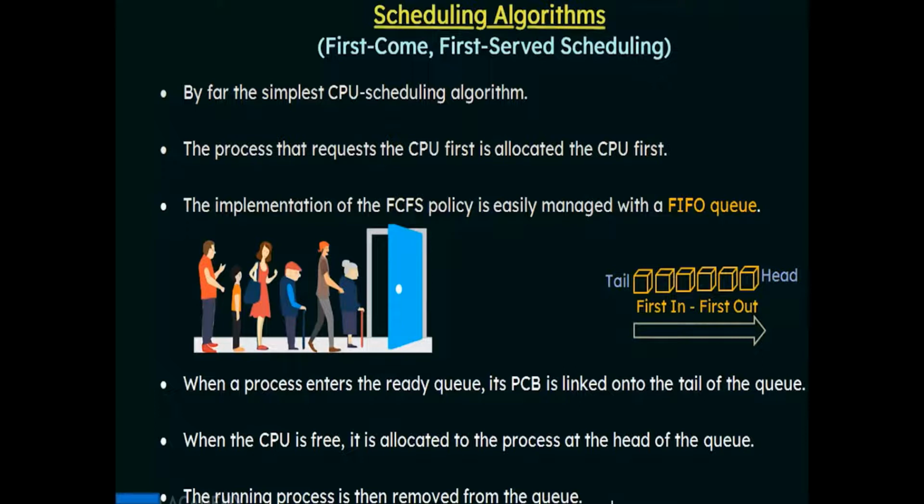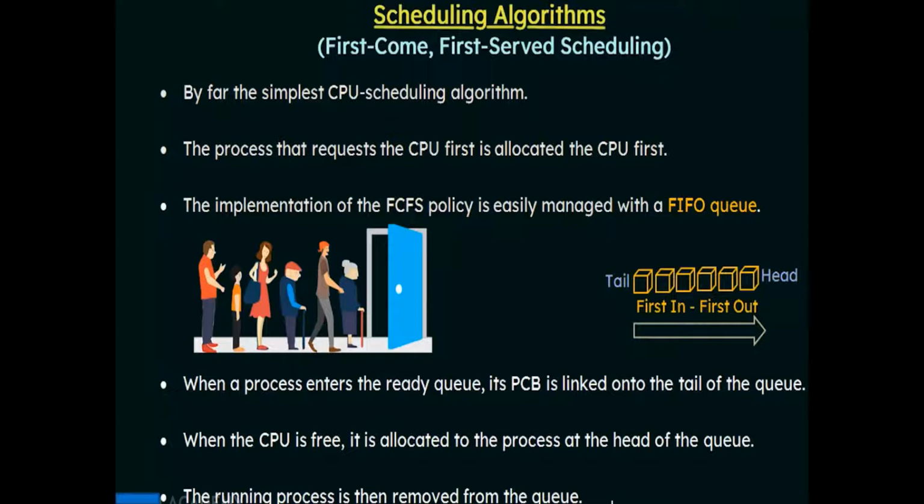As we know from the concept of a queue, removal takes place from the head and addition takes place at the tail. So when a process enters the ready queue, its process control block is linked onto the tail of the queue.